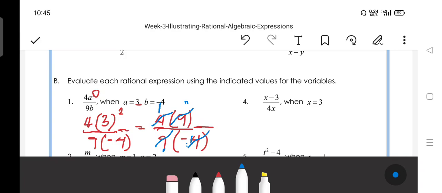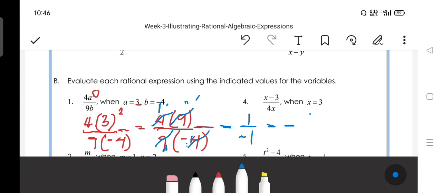So that means we have 1 times 1 here. This becomes 1 over, and then we have 1 times -1 here. We have -1. So therefore, we have 1 over -1, or writing this in standard form, if either the denominator or the numerator is negative, we should write the negative in front of the fraction bar.